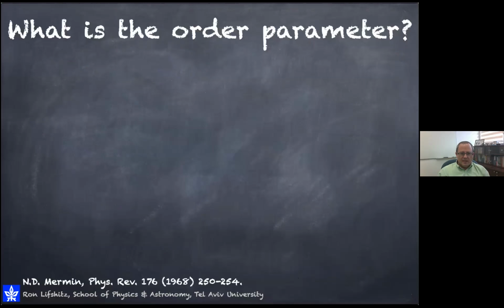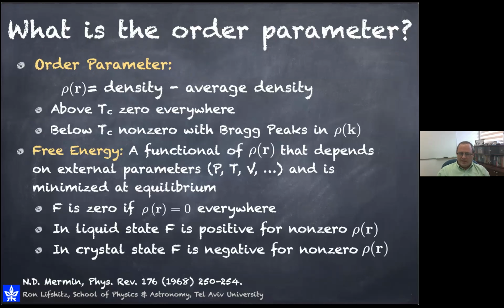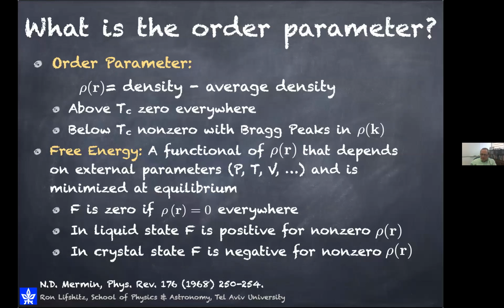So the basic idea is that the free energy, which you can just think about as an energy, but it's a slight generalization of that depending on what I control in the experiment, is a functional of that field, rho of R. And in thermodynamics, there are various fundamental theorems or axioms that ensure that in equilibrium, this free energy will be at its minimum value.